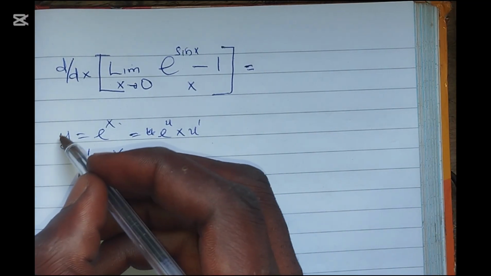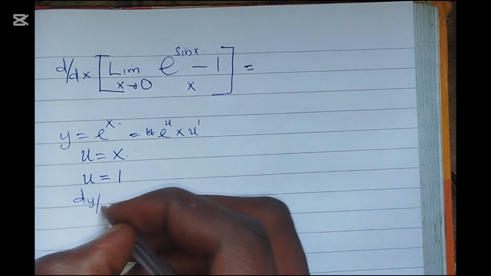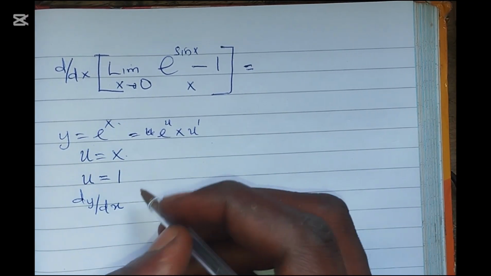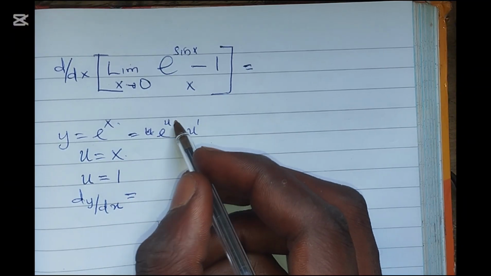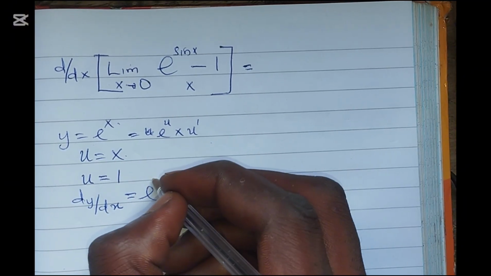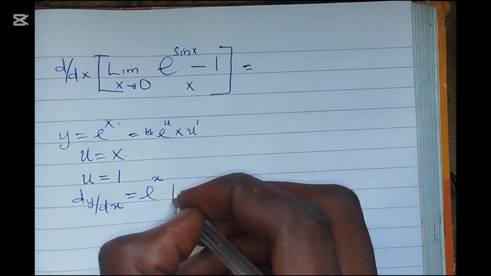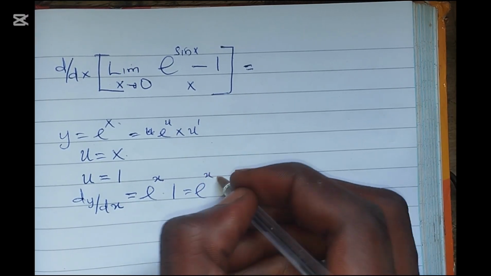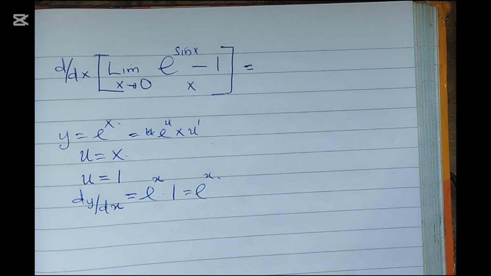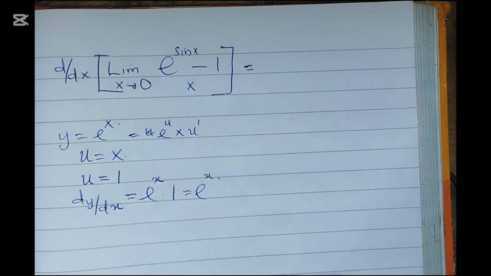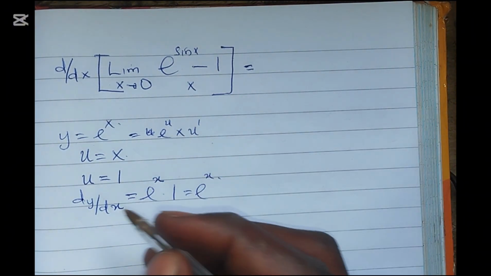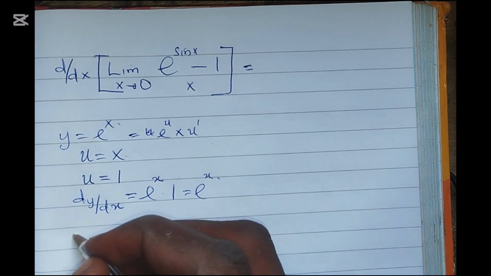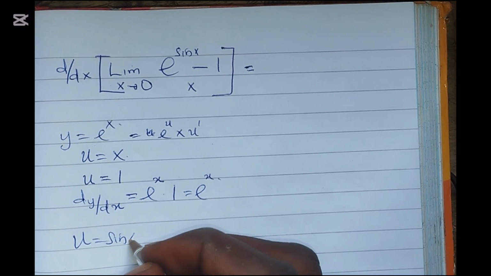So the answer for dy/dx of this function is e to the u times u prime, which is still e to the x. When you differentiate e to the x, you still get e to the x. In our case, we are differentiating e to the sine x, which means our u is sine x.